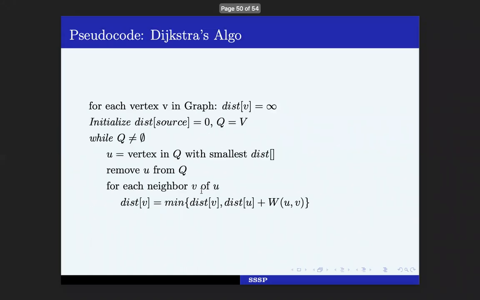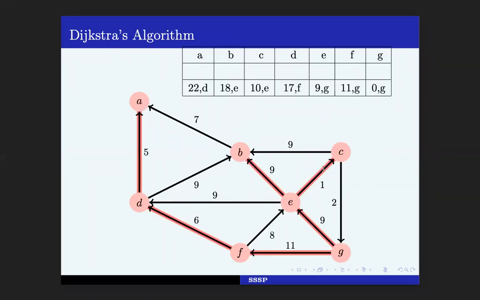Like here, who told us that there is not a huge negative weight between A and E or something like that? So negative weights, we are unable to handle them.